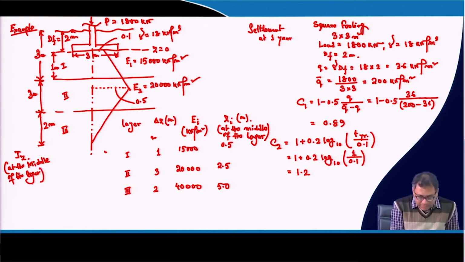And here I will calculate Iz divided by Ei into del z, in meter cube per kilonewton.